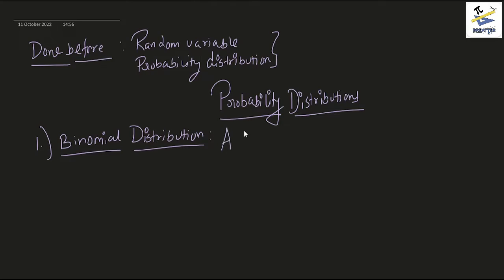So, a distribution where two events are involved as outcomes. A binary distribution or binomial distribution is a distribution where your outcome is generally based upon a success or a failure.